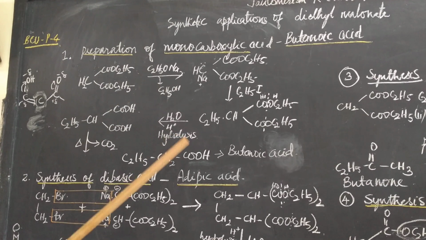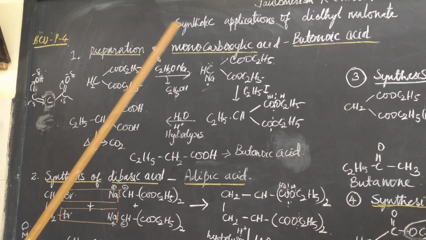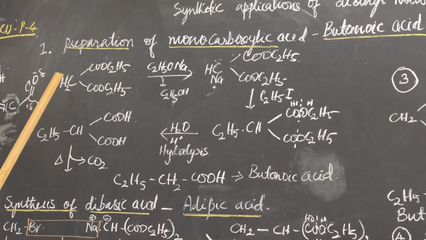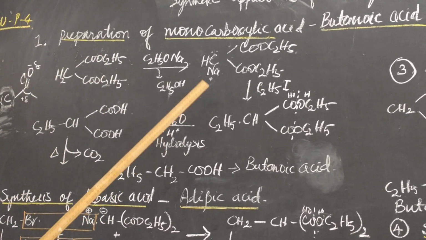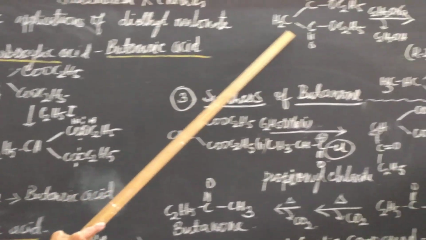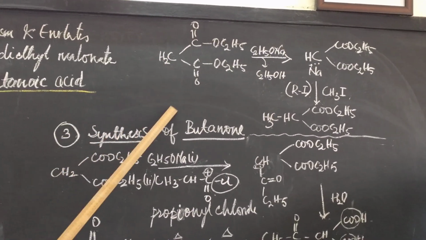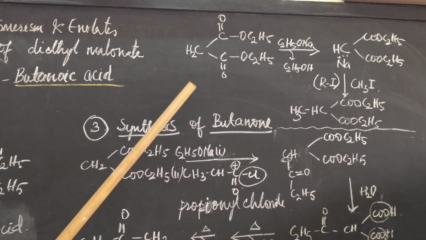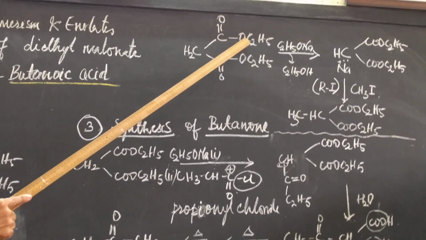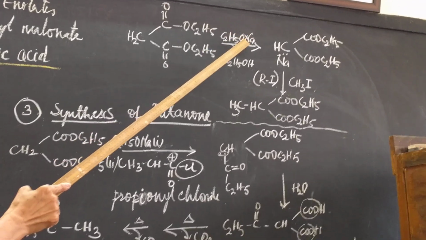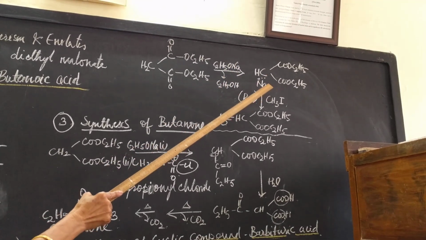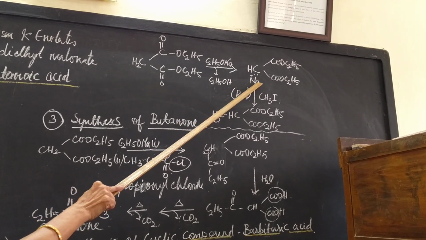Now in all these 4 reactions, I will be using conversion of diethyl malonate to this sodium salt, which I have written here. You can see that this is a common reaction in all of them, where I am reacting diethyl malonate with sodium ethoxide, which is a basic compound, and this gives the sodium salt.